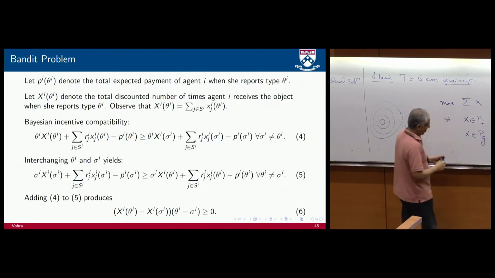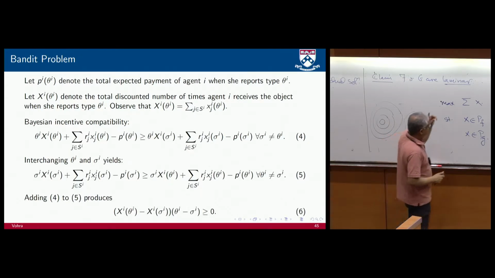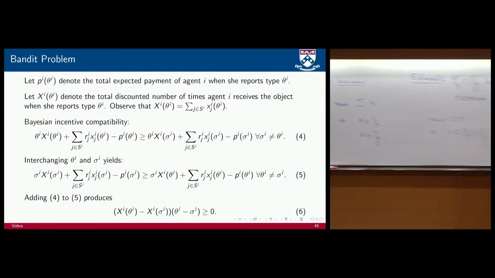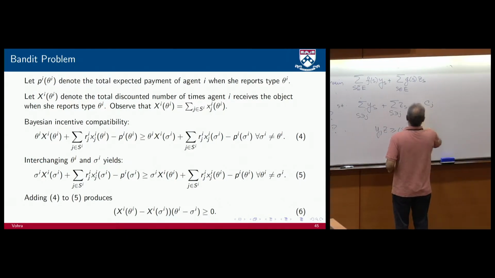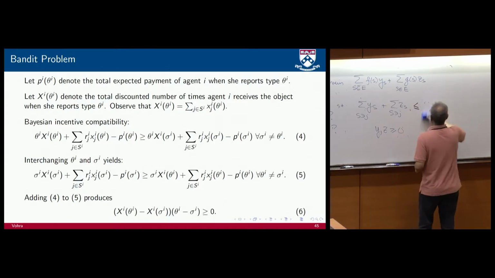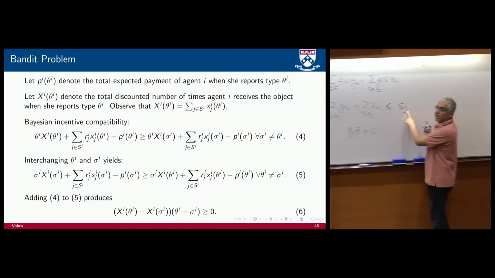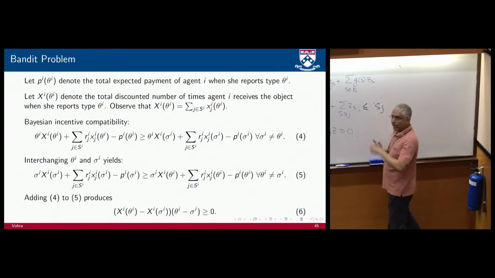So they look at an economy with two agents. No, hold on. Which way do I want to do it? I'm sorry. This is good J. This is the supply of good J. Two agents.